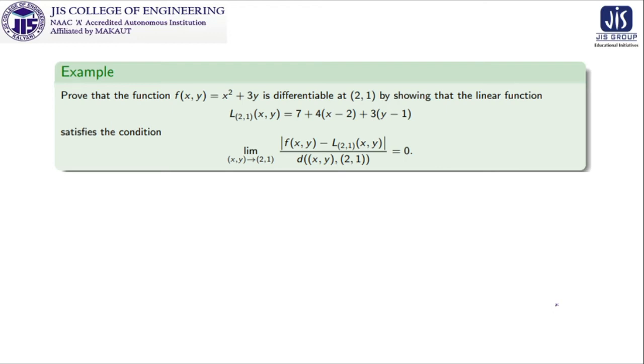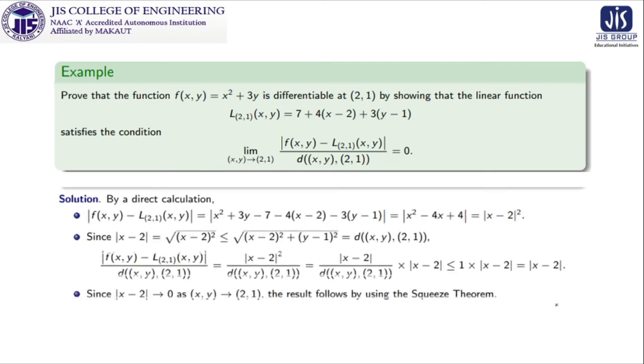But where do the coefficients 4 and 3 come from? If you put 2 in the x squared part of f, you get 4. If you put 1 in the 3y part, you get 3. At (2,1), the functional value will be 7. And we have to show it by this linearization process.